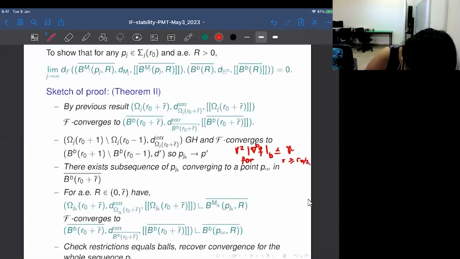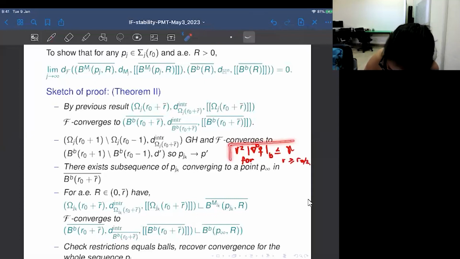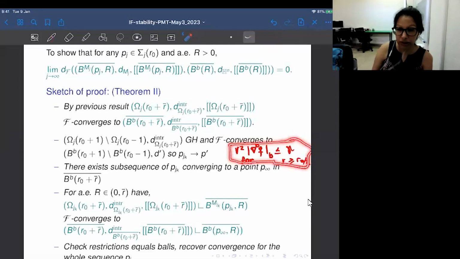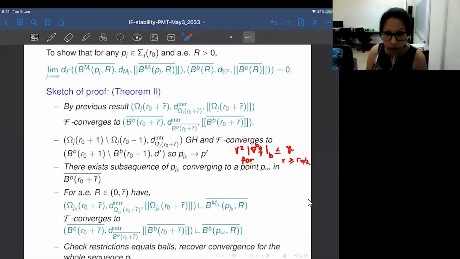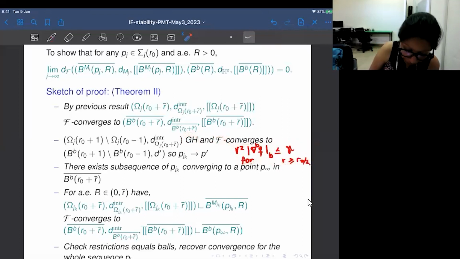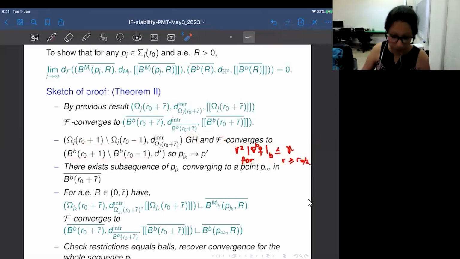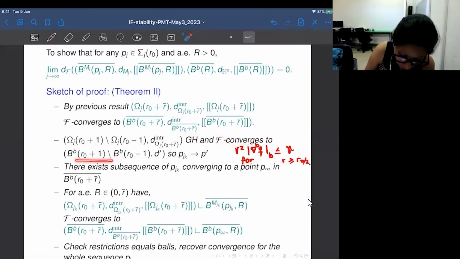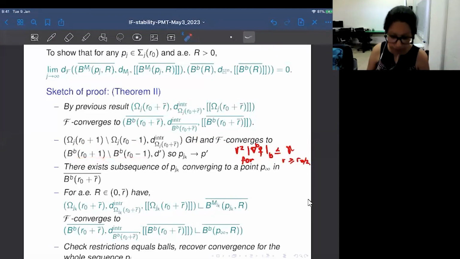Because we have this very nice control for the exterior region of our manifolds, one can actually show Gromov-Hausdorff convergence and intrinsic flat convergence of annuli of this type. Okay, so these annuli will converge to an annulus in the hyperbolic space.